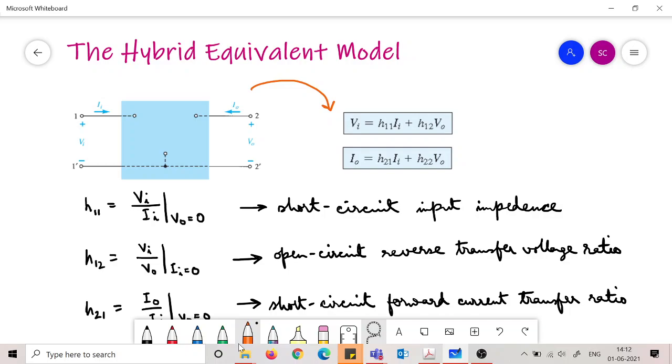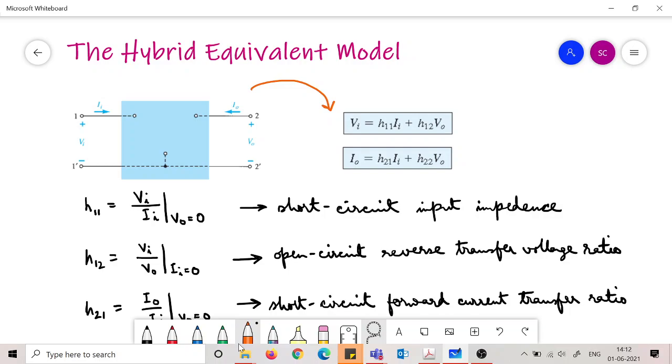As such, in these two equations, whoever has modeled the 2-port system has considered the input current and output voltage as the independent quantities, and input voltage and output current as the dependent quantities. This is the way things have been defined, and we have to start working from this point.